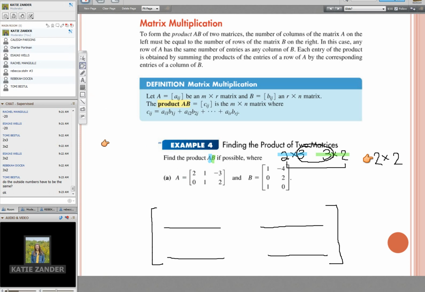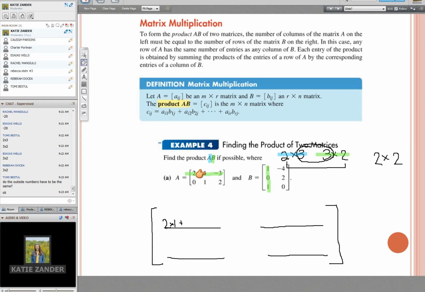All right, so what we're going to do is we're looking for row 1, column 1. So I'm going to take the elements from row 1 in matrix A and column 1 in matrix B. And I'm going to multiply the elements in order here. So I'm going to do 2 times 1 plus, and the 2 came from right here, the 1 came from over here.